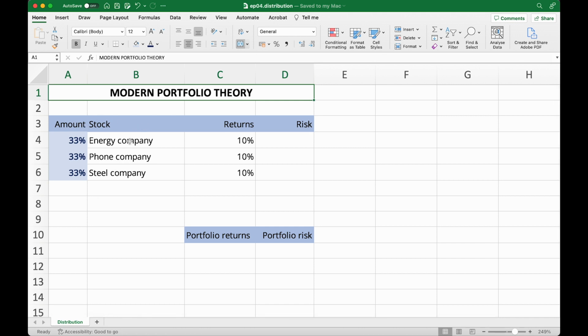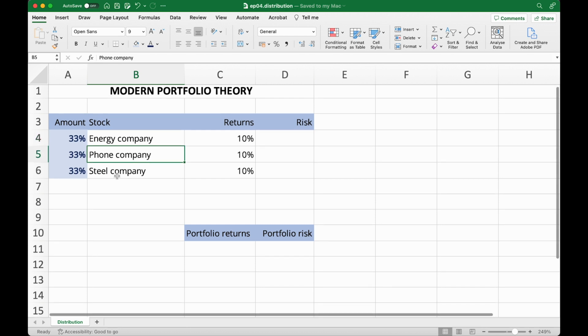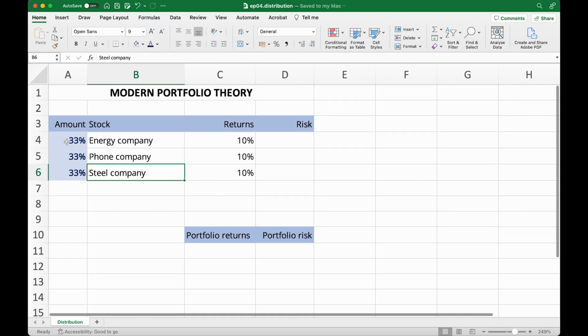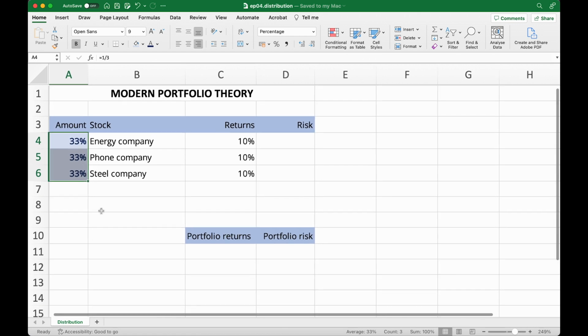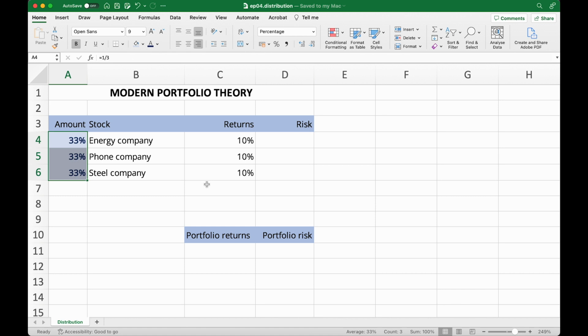Take this example. We have three companies: an energy company, a phone company, and a steel company. And we have put 1/3 of our money in each. And as we can see, the returns are the same. So each year you will get 10% returns from each of these companies.